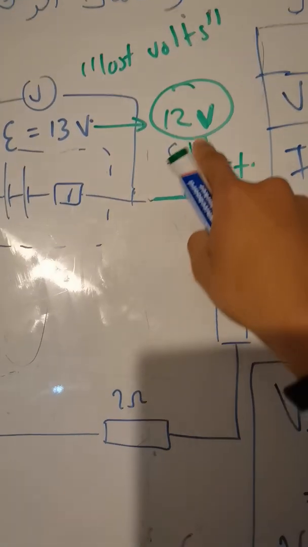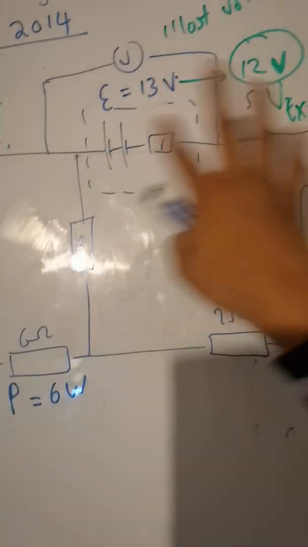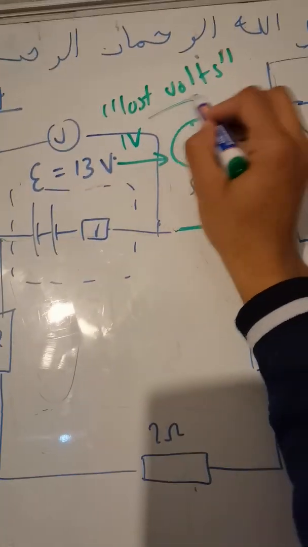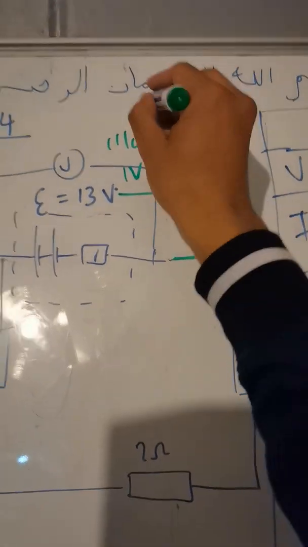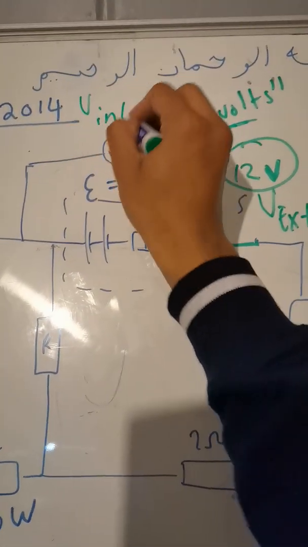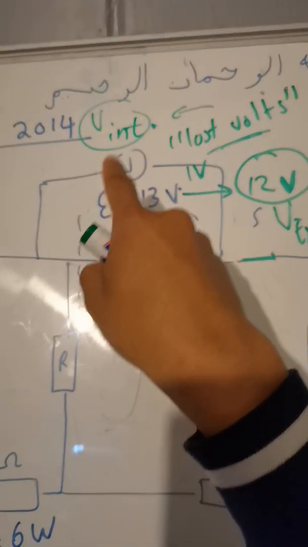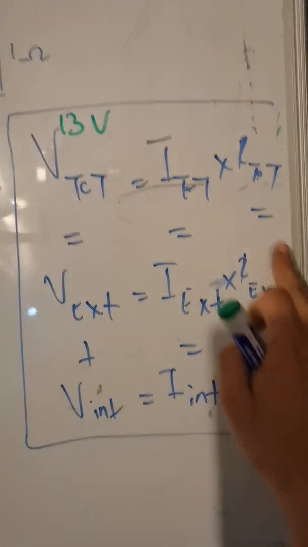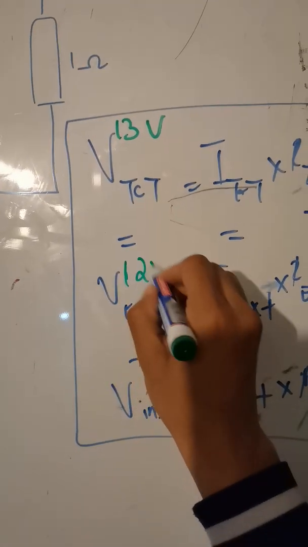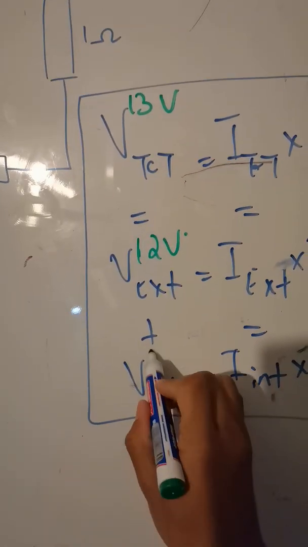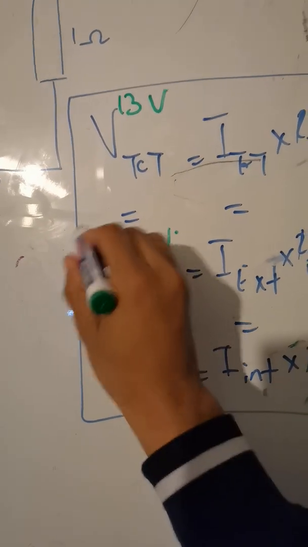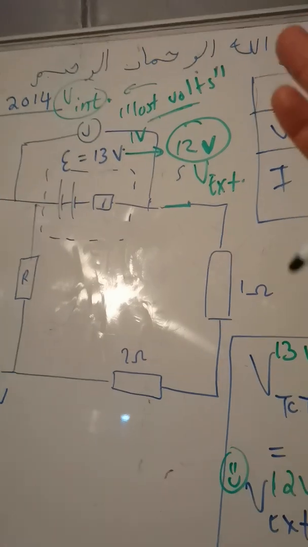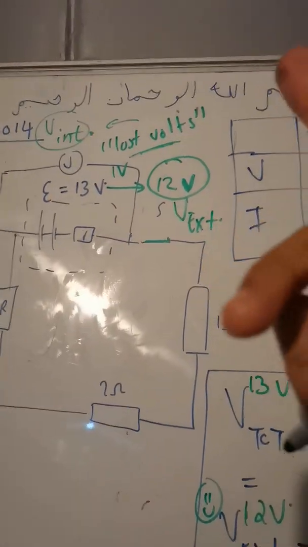So that 12 volts is going to the external circuit, therefore we call it external voltage. This 1 volt is called lost volts, but essentially that lost volts is actually the internal voltage. So immediately you put that into your table. We've got V external, which is 12 volts, and V internal, which is 1 volt. Yay, we got it. And that's why they call it lost volts, because that's the volt that was lost.